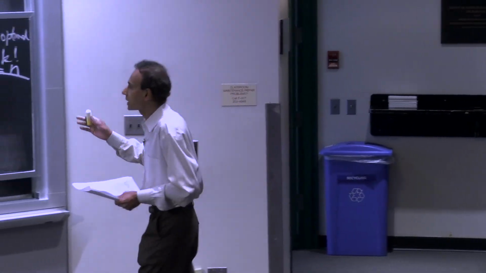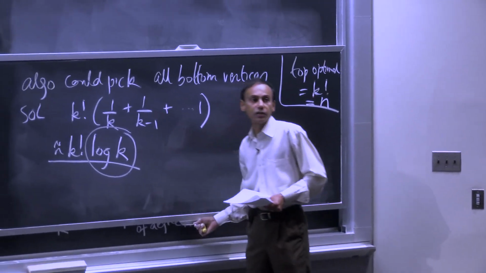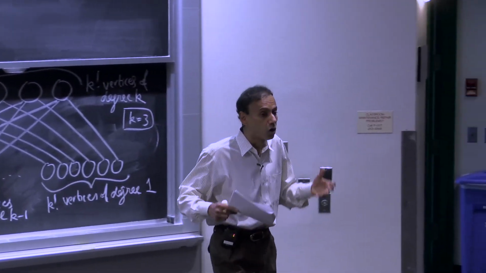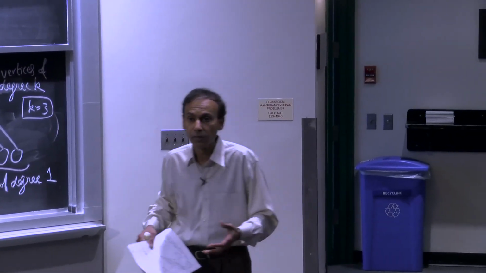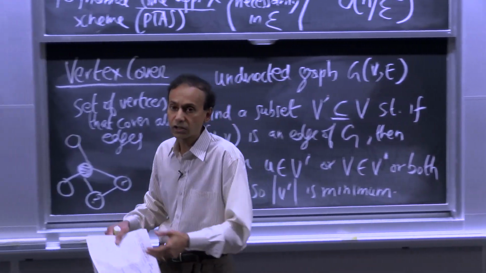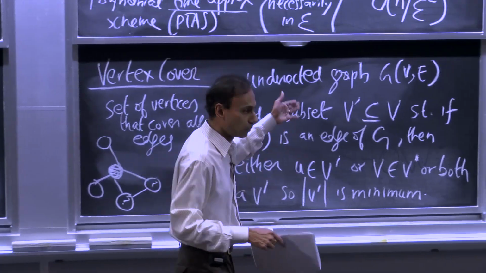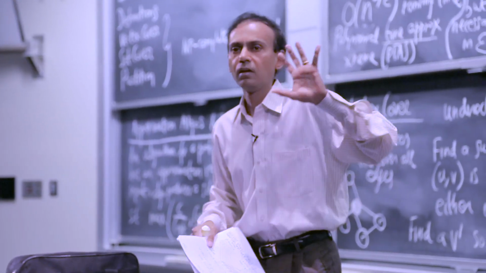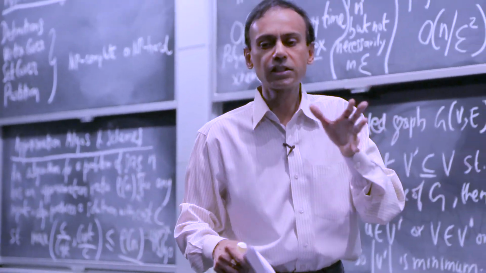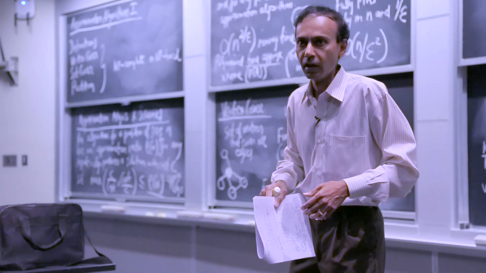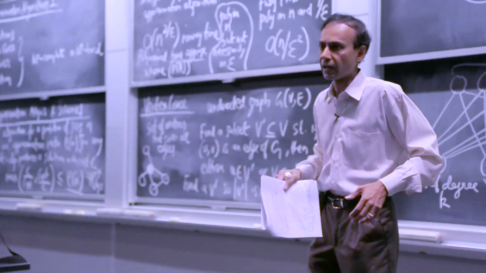So it's not the best approximation scheme that you can think of, because the approximation factor grows with the size of your problem. It would be great if we could come up with a constant factor approximation scheme that would beat this one, certainly from a theoretical standpoint. But this one, maximum degree, chances are if you're a practitioner, this is what you'd code, not the one I'm going to describe. But we're going to analyze the one I've described.